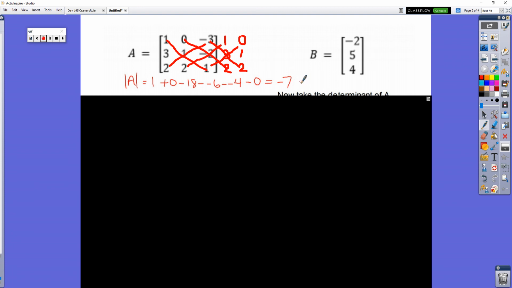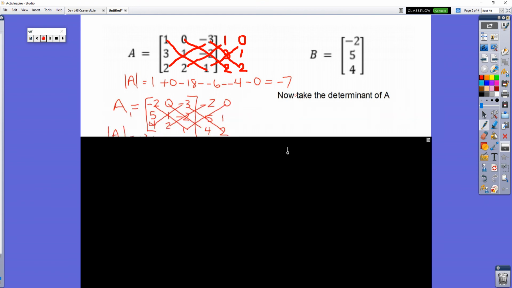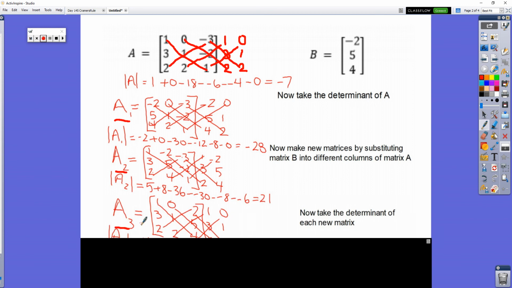Now, here's what you do with Cramer's rule. You take the determinant of matrix A. Now you're going to make 3 new matrices. These new matrices are called A1, A2, and A3. And the way that you make these new matrices is by substituting matrix B, so this column of numbers, -2, 5, 4, into different columns of matrix A. So you only make a replacement in one of the columns.